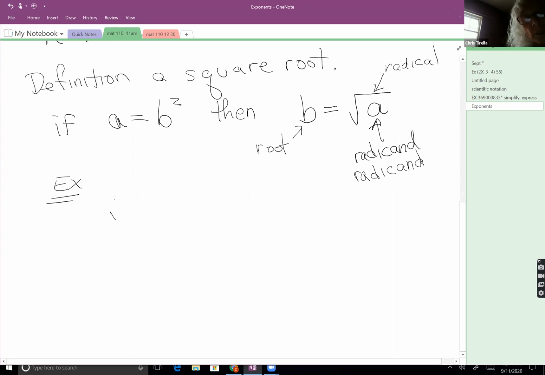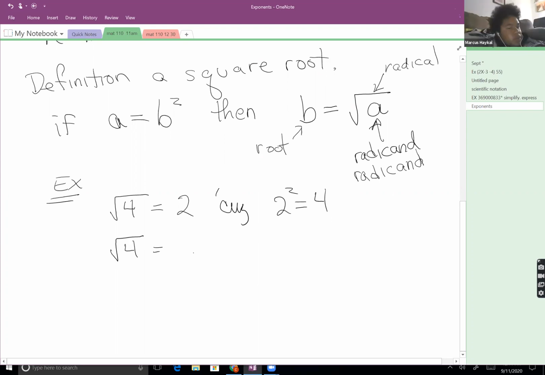So example, what's the square root of 4? 2. Why? Because 2 to the second equals 4. However, can I also say that the square root of 4 is equal to -2?